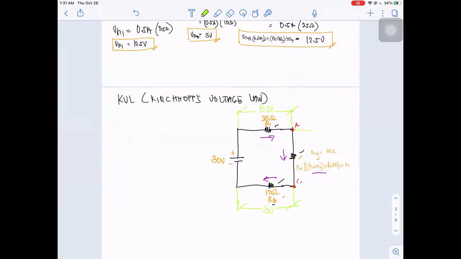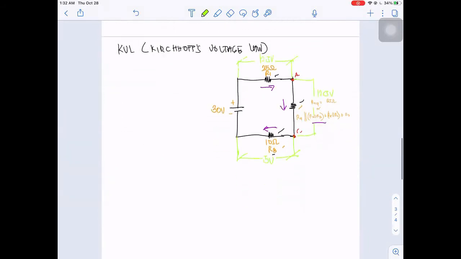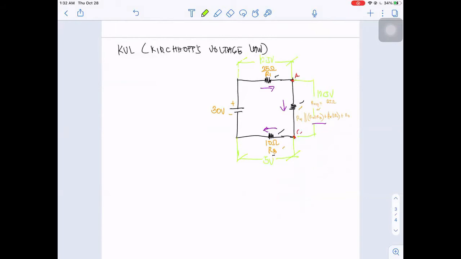And also the voltage drop here, which is still 12.5 volts. So checking this entire circuit, to see if Kirchhoff's voltage law will be satisfied, we can draw an equation for this one.